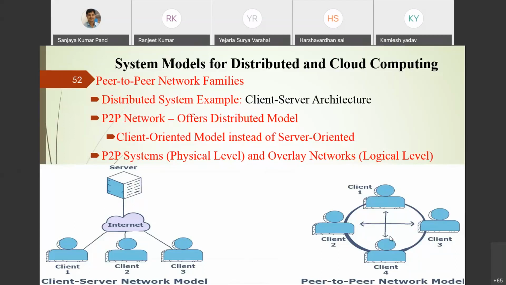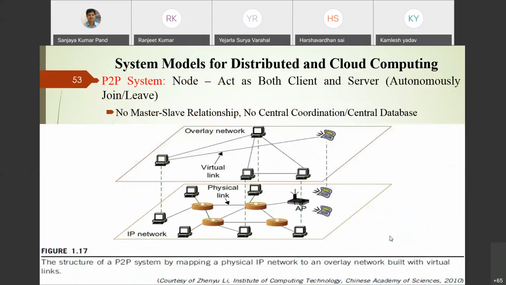And whenever we are going, okay, it is divided into two layers: the physical level, and another called the logical level. The logical level is also called your overlay network. So see this example. This is the structure of a P2P system where we are mapping the physical IP network to an overlay network, which is called a logical network.